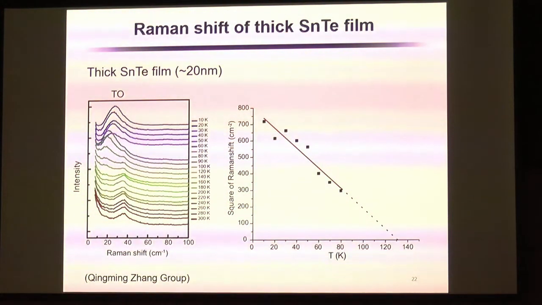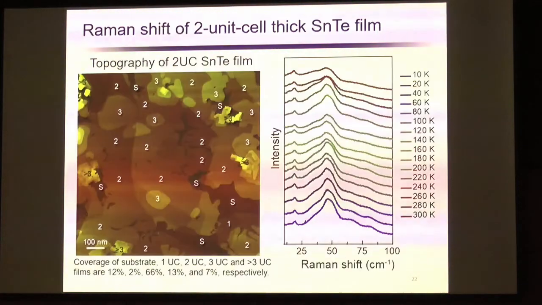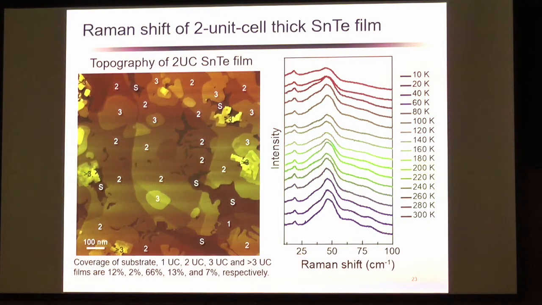So in the thicker films, it's quite close to the bulk material. But for the very thin films, you can see here the peaks have almost no change, even going to 100 Kelvin. So you still have polarization even at room temperature.